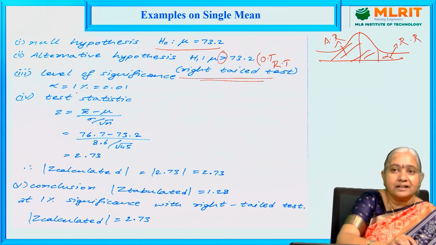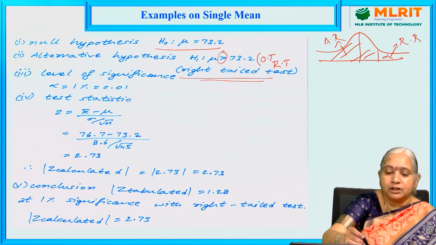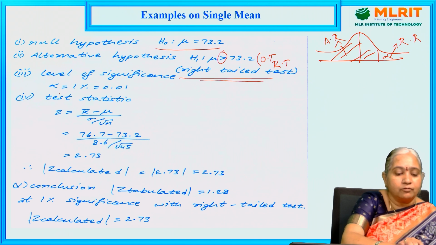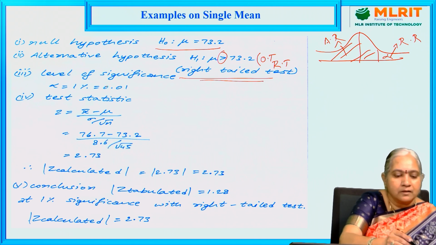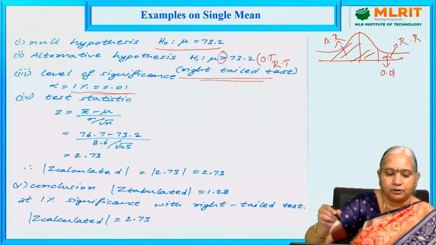So what is the error in our claim, that the population mean height is 73.2? We take there may be 1% error in our claim, that is 0.01.